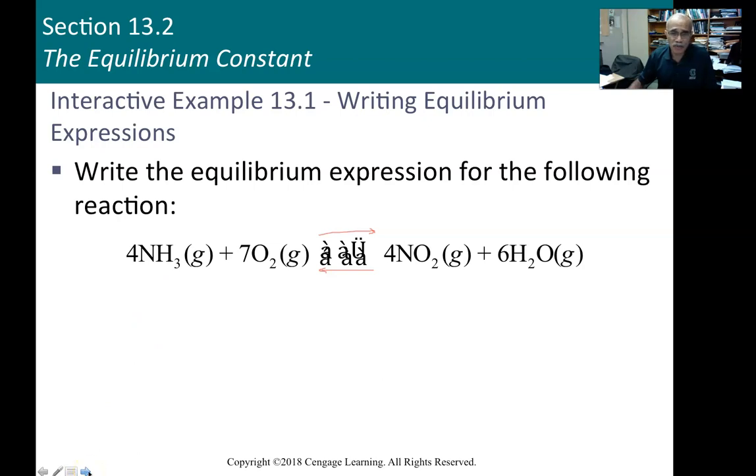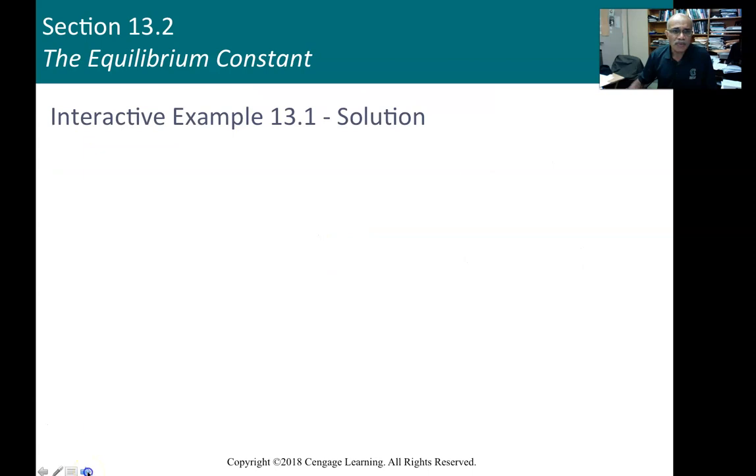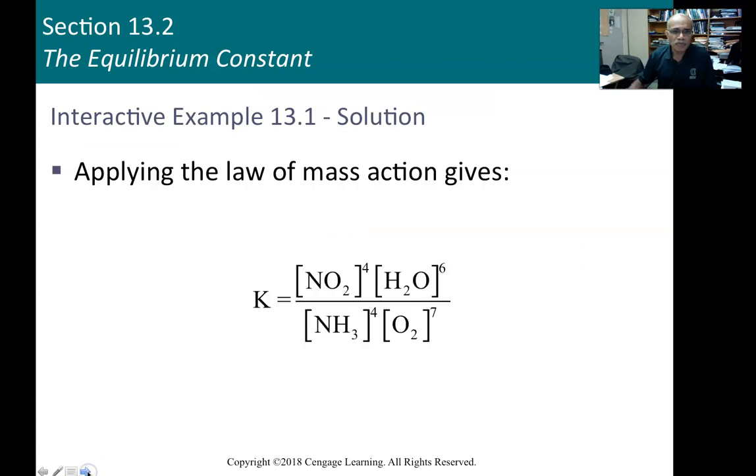Equilibrium constant expression. So we can write K will be equal to, that is the equilibrium constant, the concentration of the product raised to the coefficient. Remember that, sorry, let me just go back on that one.